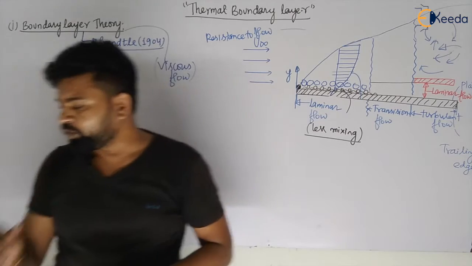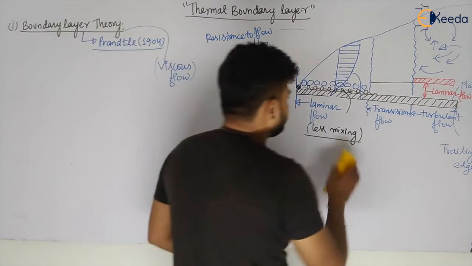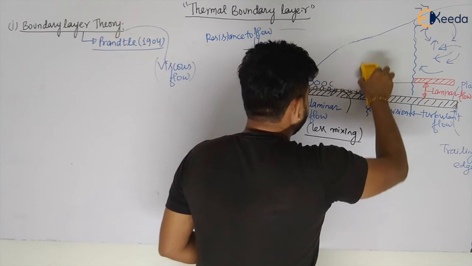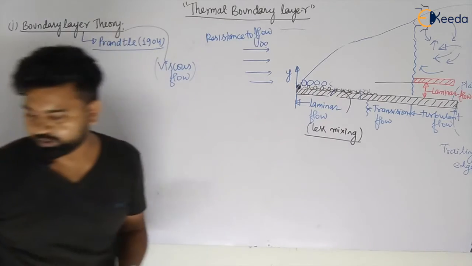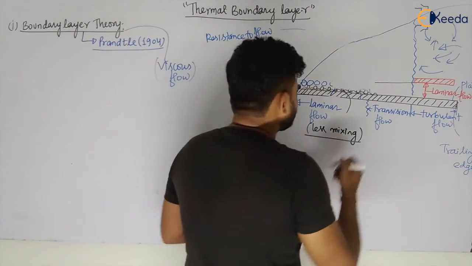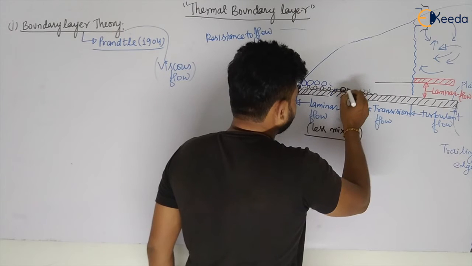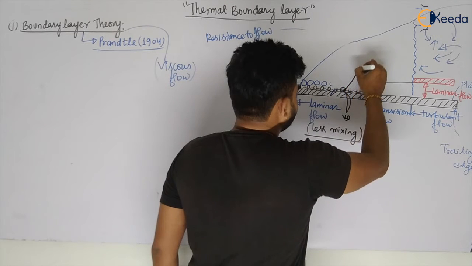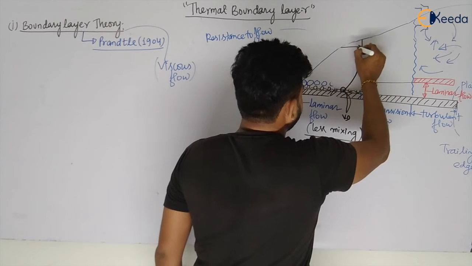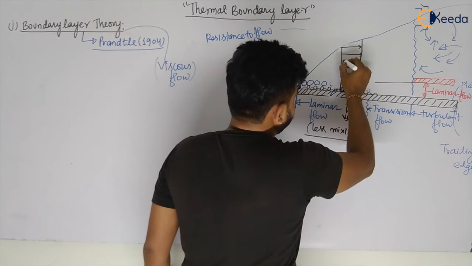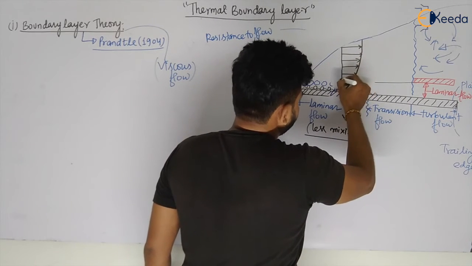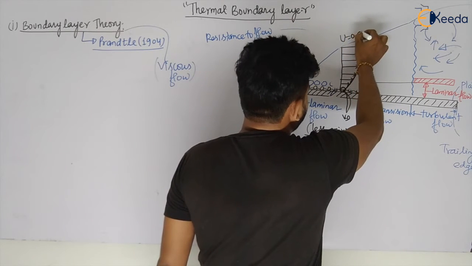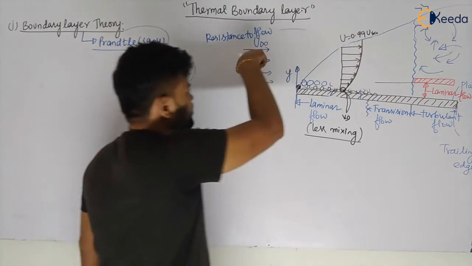Now let us see what is the thickness of the hydrodynamic boundary layer. Let us understand it carefully. Because of the no slip condition, the velocity of this particular molecule becomes zero, and slowly the velocity increases in this direction, from v equal to 0 to 0.99 u infinity, the velocity at which the fluid is flowing.